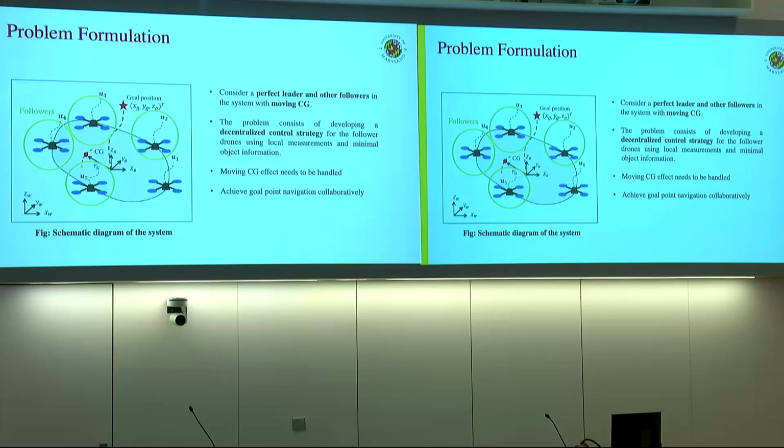Now, why you have to use little information about the leader? Because the center of gravity is moving. In all the work studied so far, wherever there is uncertainty in the payload, you have to know certain information, like where the followers are trying to go or what is the information of the leader. So that's why you have to exchange little bit information about the leader to control or to stabilize the system.